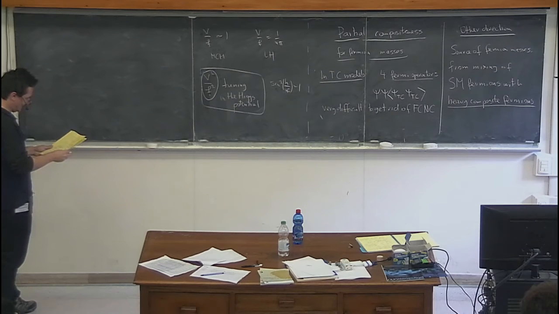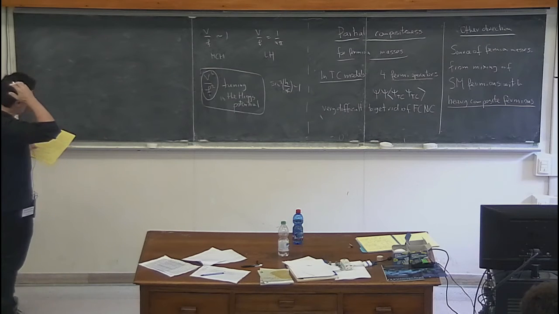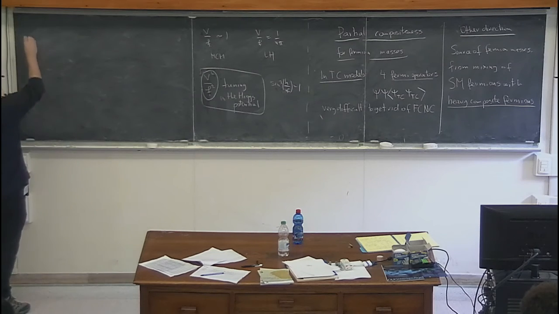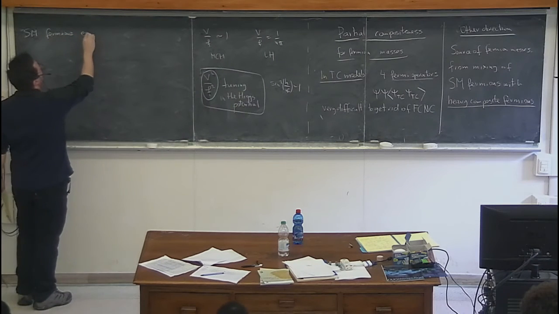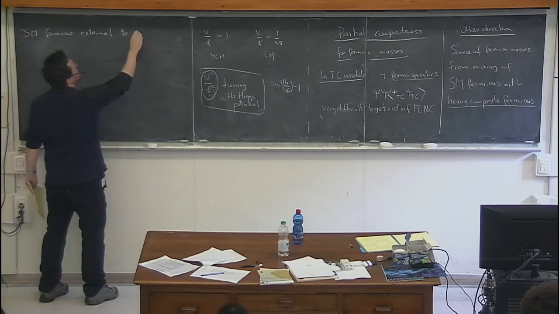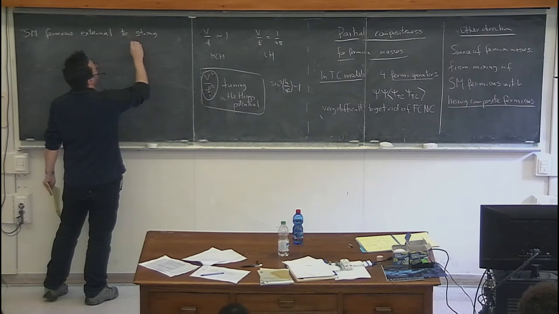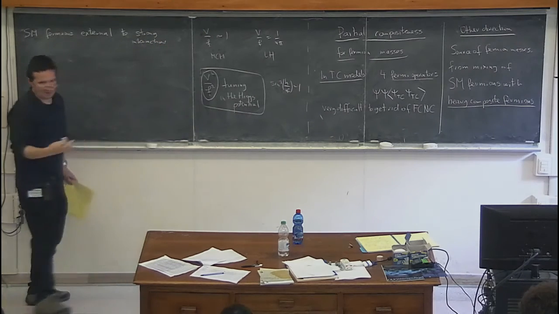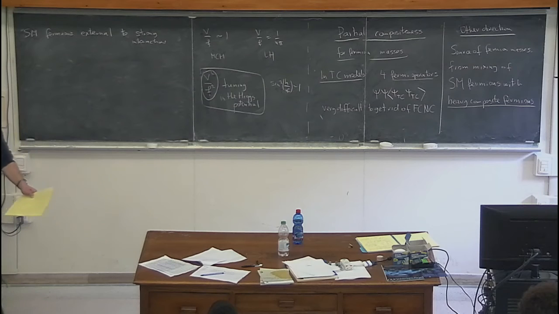Anyway, fermion masses. So the story here with this partial compositeness is to assume that the standard model fermions are external to the strong interactions. And what I mean by external is that they are not bound states of the composite sector. They are just introduced by hand.